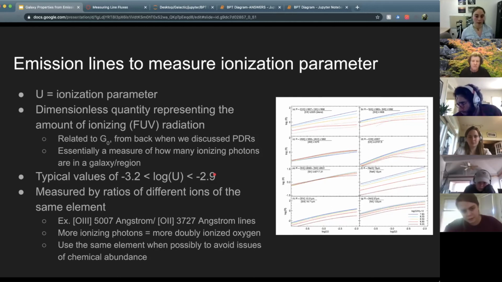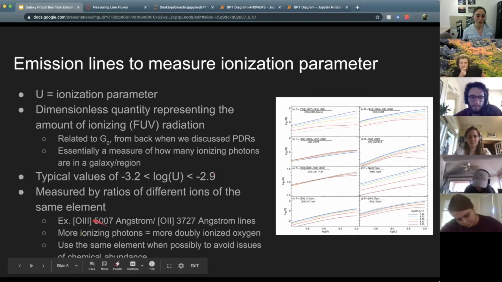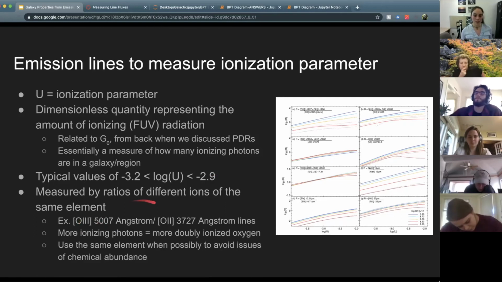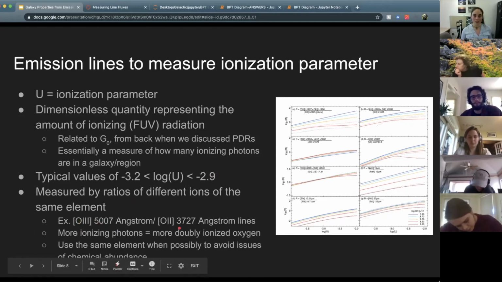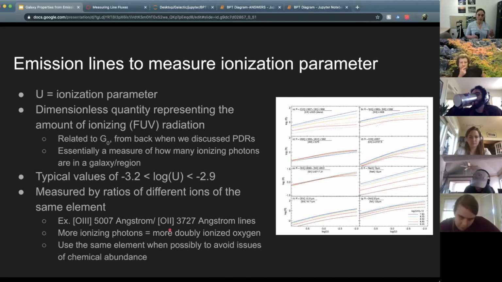For example, the 5007 angstrom line of doubly ionized oxygen and the 3727 angstrom line of singly ionized oxygen. We use these different ionization states of the same element because more ionizing photons means there will be more doubly ionized oxygen compared to singly ionized oxygen. So U must be larger.